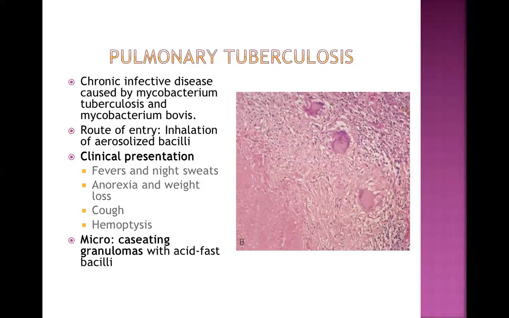But at this level, if you tell me Mycobacterium tuberculosis, you will get excellent marks because that is the most common organism. Mycobacterium bovis can also cause tuberculosis, and Mycobacterium africanum can also lead to tuberculosis, but those are rare types of organism.